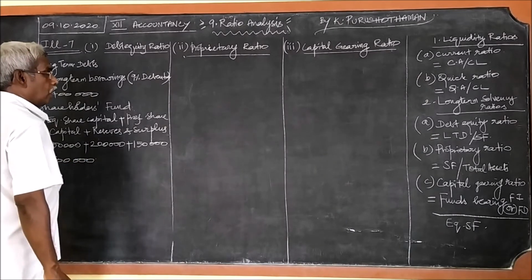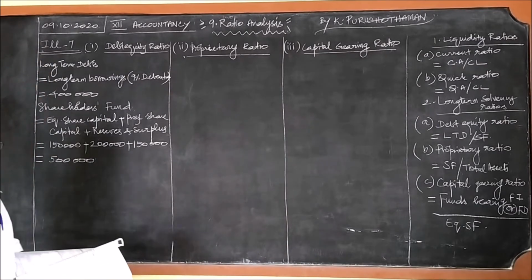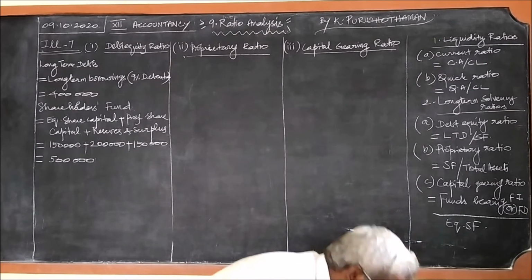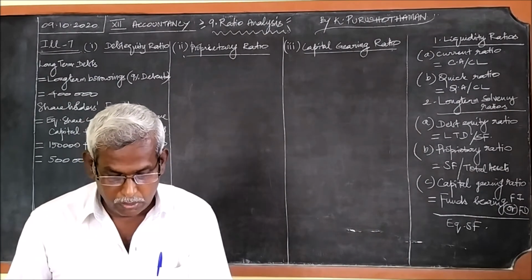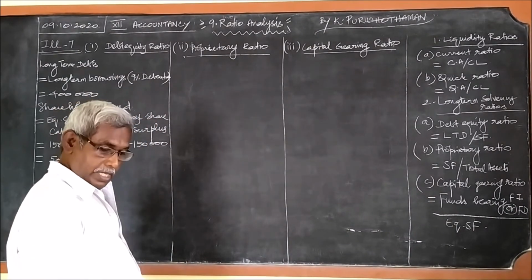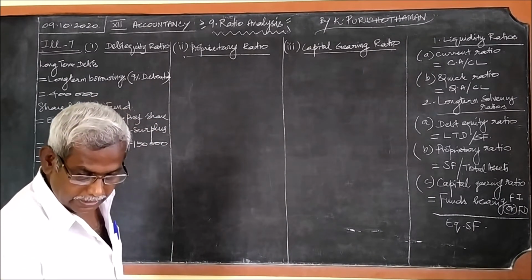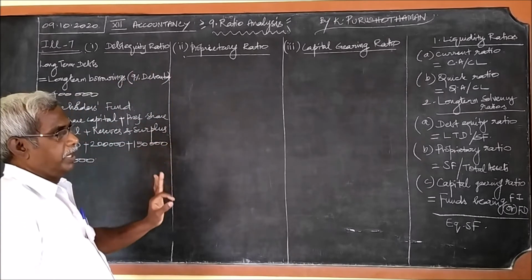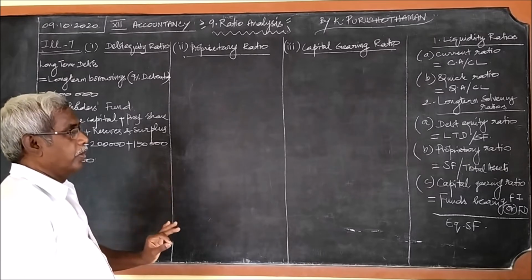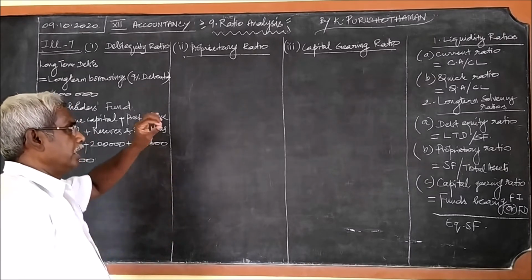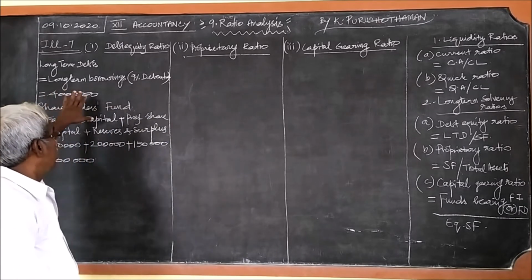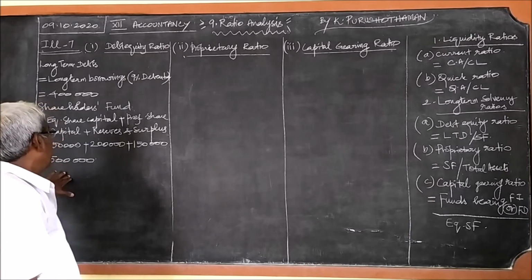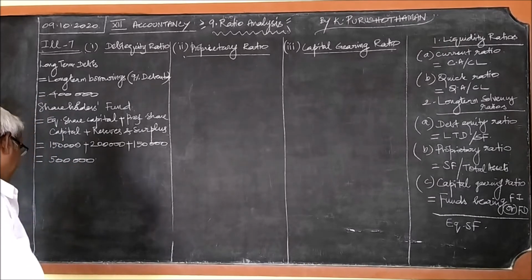So what must we do? As soon as we go through the problem, we will come to know for what question we should answer. Here, the first question is find the debt-equity ratio. For debt-equity ratio, what is the formula? Long-term debts by shareholders fund. So the numerator long-term debts must be found out separately, and the denominator shareholders fund must be found separately.